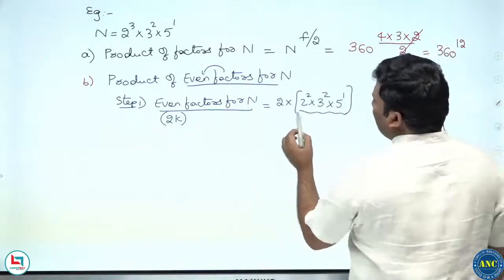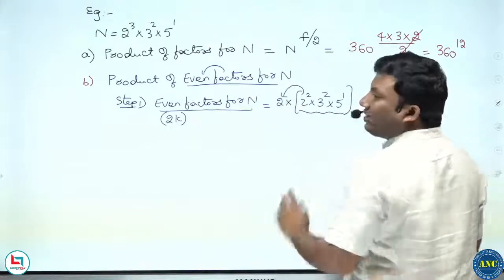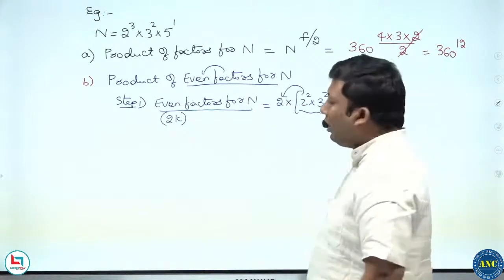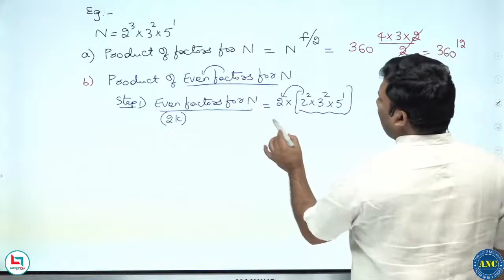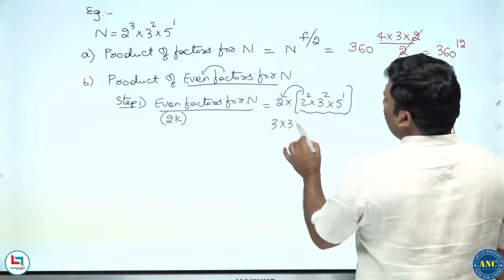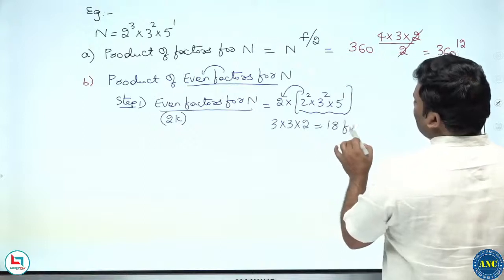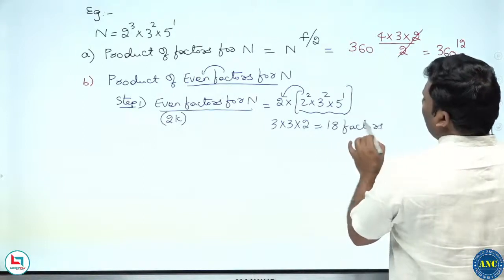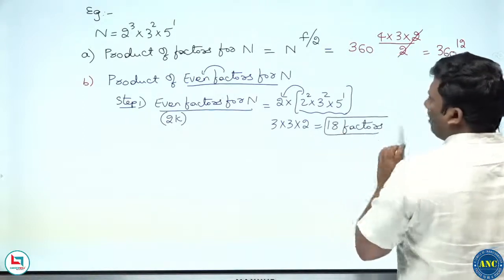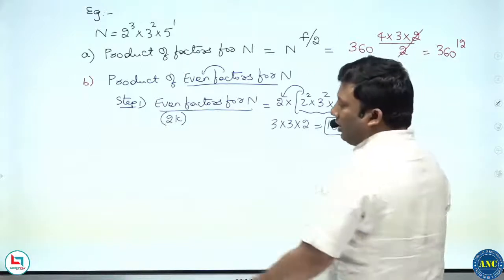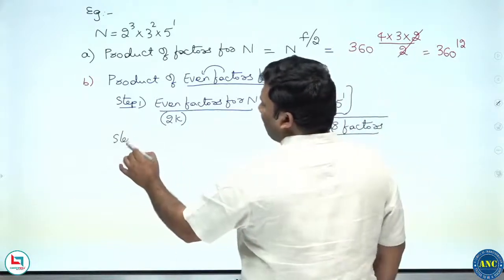How many factors are there? All these numbers are getting multiplied by 2, therefore it is an even factor. How many are there? 3 into 3 into 2. So total 18 even factors are there for this number.